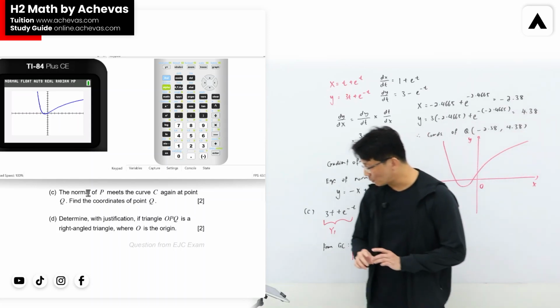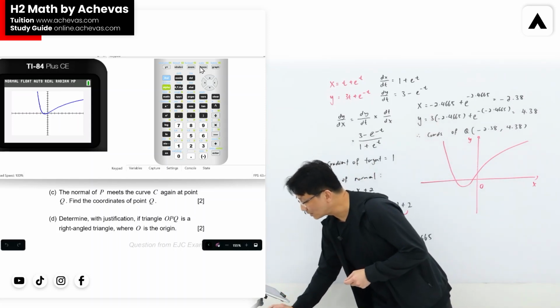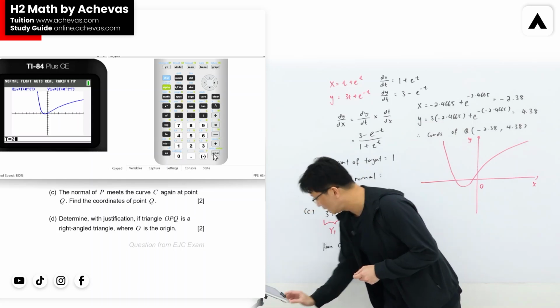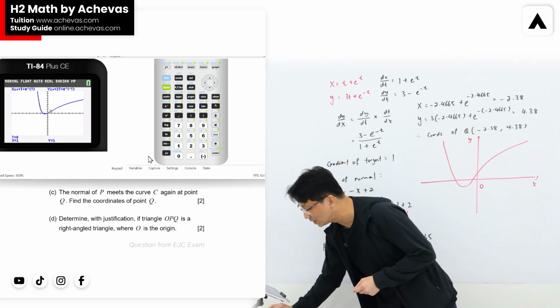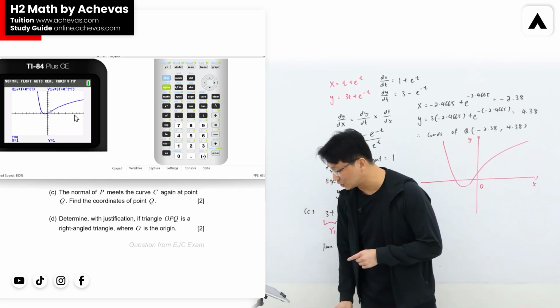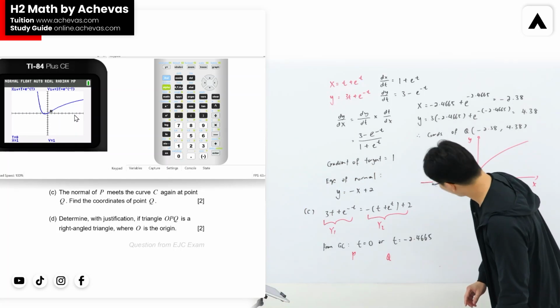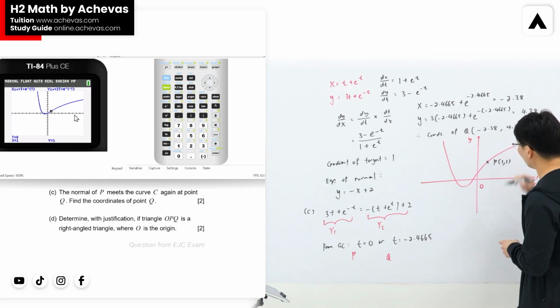If I want to find out where my point P is, I'm going to press trace and put 0, because P occurs when t is equal to 0. So when I press t equals 0, it will give me the position of my point P, which is at 1, 1. I'm going to mark it somewhere here. This will be point P, 1, 1.